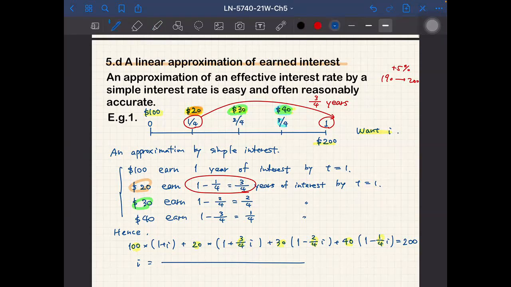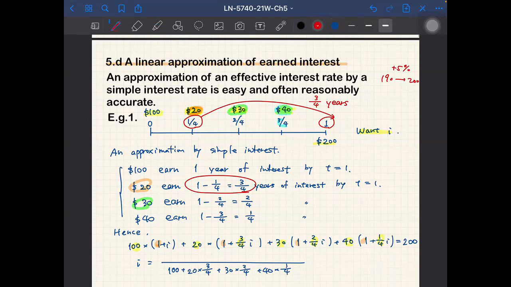Sorry, everything is plus. So the denominator is 100 plus 20 times 3/4 plus 30 times 1/2 plus 40 times 1/4. Then how about the constant term? The constant term is 100 times 1, and 20 times 1, 30 times 1, 40 times 1, and we subtract from 200.